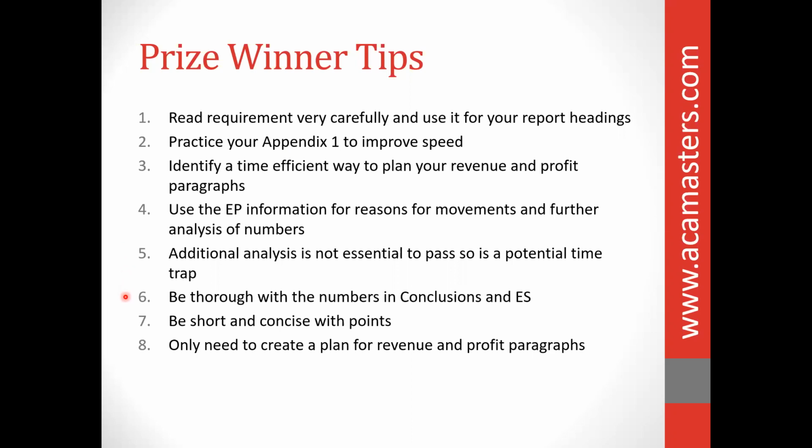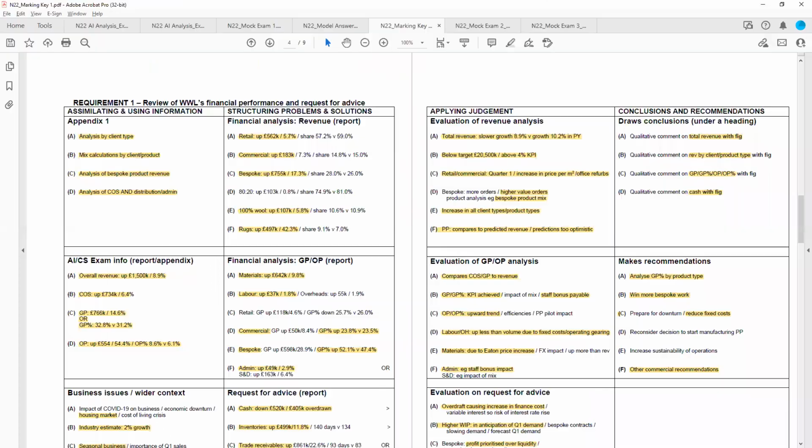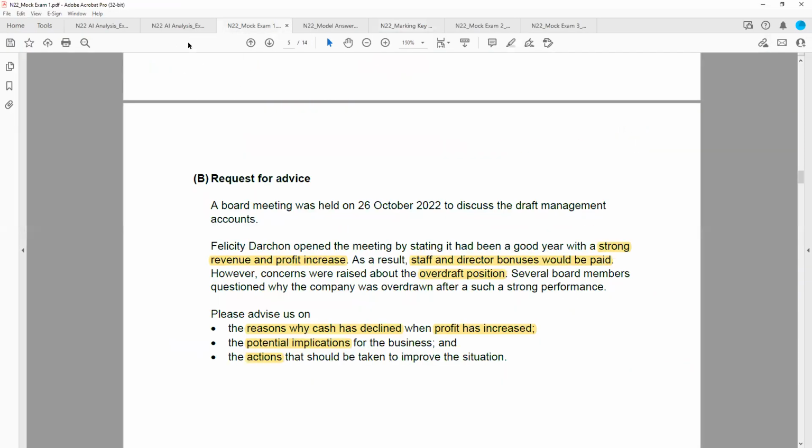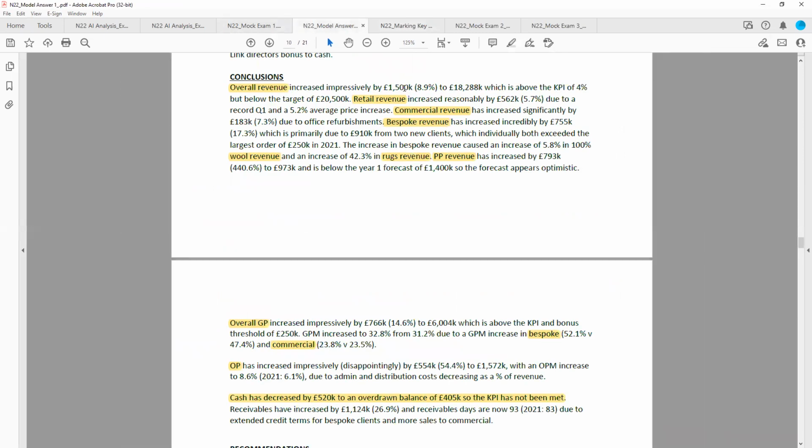As you saw me with the conclusions and the exec summary, just make sure you're really thorough with the numbers. If you use the technique I taught you, because you've got the numbers in the main body, then they'll be in the conclusions. But sometimes we see students who write their conclusions from scratch and somehow they forget to include the number. So they might say overall revenue increased impressively, but don't actually mention the numbers.